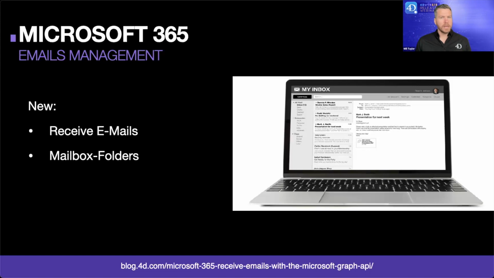Now, as you may already know, 4D NetKit is an integrated component from 4D that allows you to interact with third-party web services and their APIs, like Microsoft Graph. And with 19R8, we added new commands to this component that allow you to manage your emails via the Microsoft Graph API.